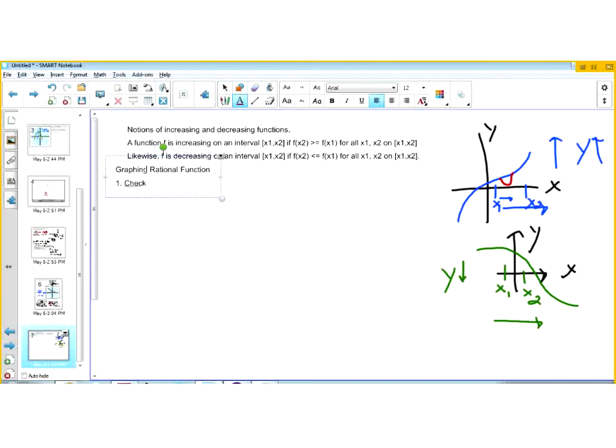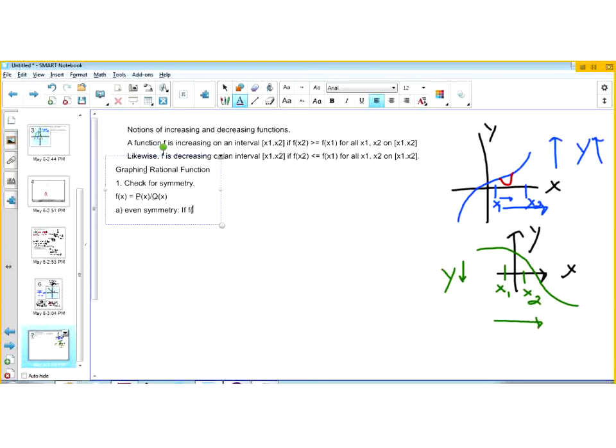So the first thing we want to do when graphing rational functions is check for symmetry. So recall that our rational function f of x is equal to p of x divided by q of x. So in checking for symmetry, we want to check for even symmetry.